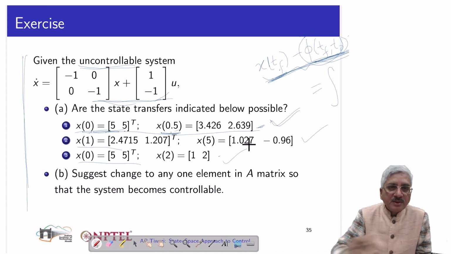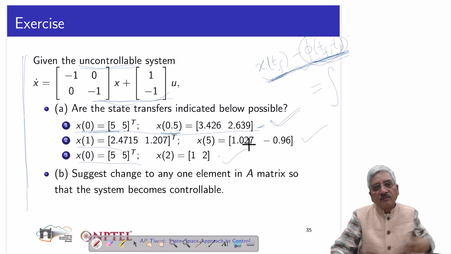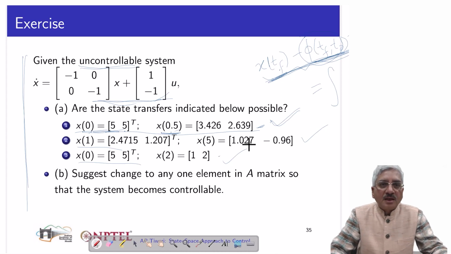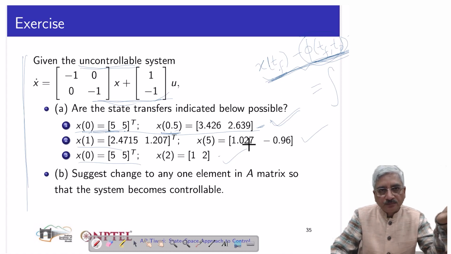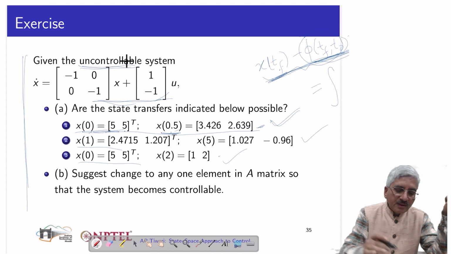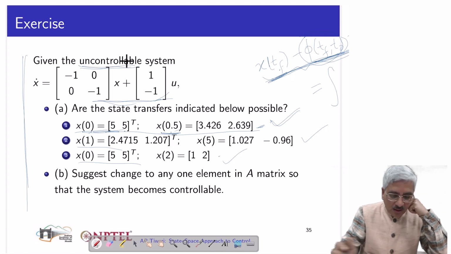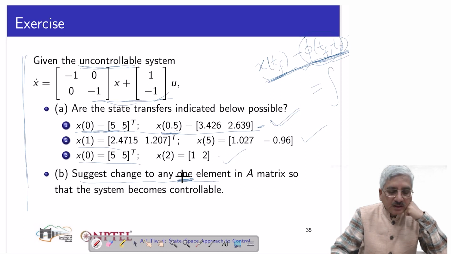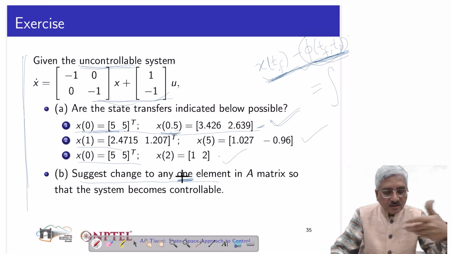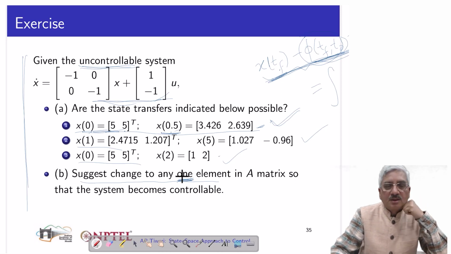And in the previous case, as I was telling, that slight adjustment, slight tampering of the elements will change the uncontrollable system to controllable. Now here we are given one uncontrollable system. You have to suggest some change to just only one element of A so that this system becomes controllable.